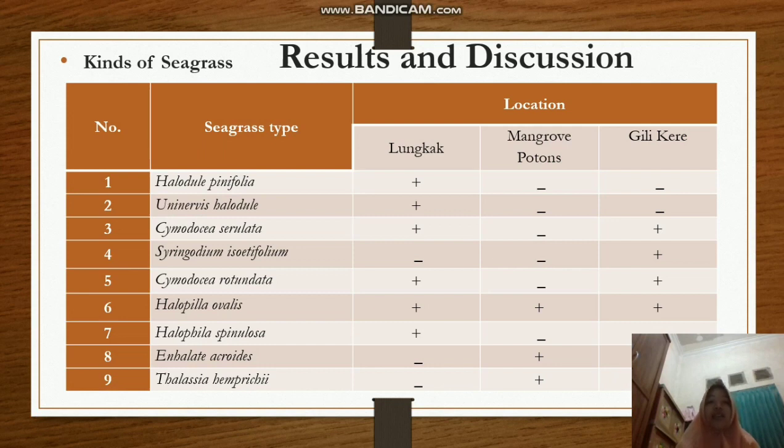The result and discussion. First, we can find nine kinds of seagrass.